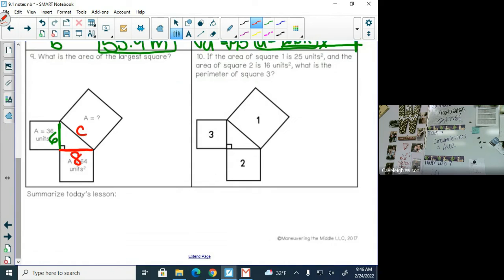Remember that the question asks us to find the area of the other square. Same size, right?